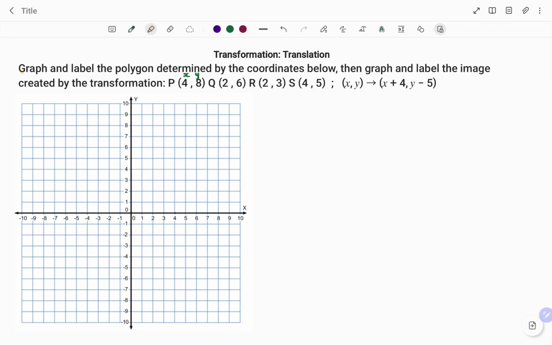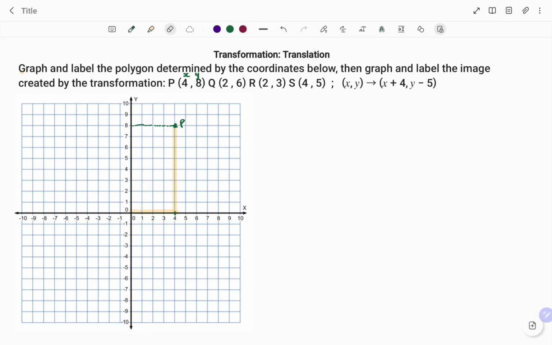So I'm going to trace that to 4. And then I go 8 for the y value. So I'm going to move 8 spaces to the top, such that if you trace it to your y-axis, that's 8. And then I trace that point to my x-axis, that's 4. So the point will be point P (4, 8).